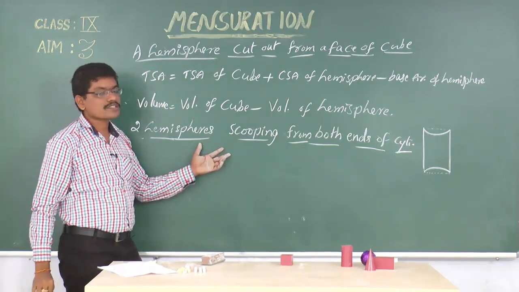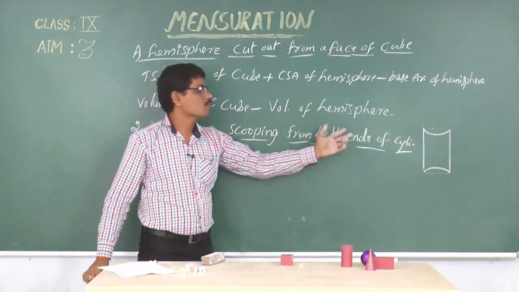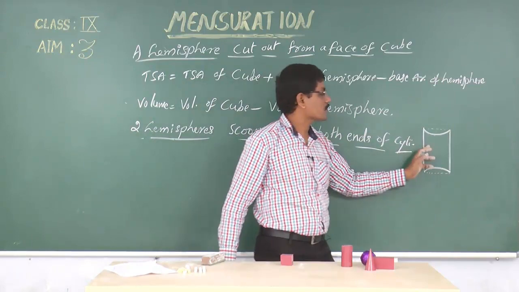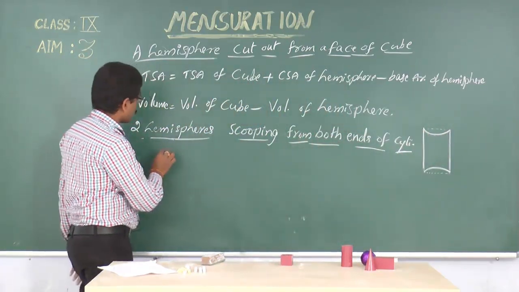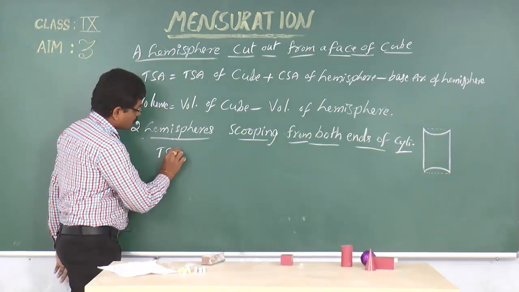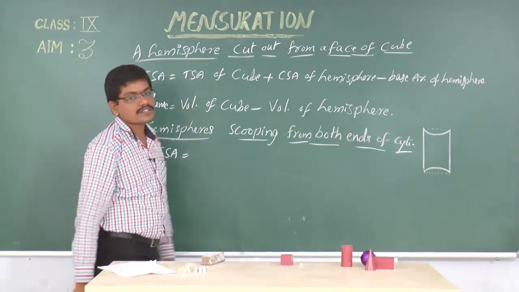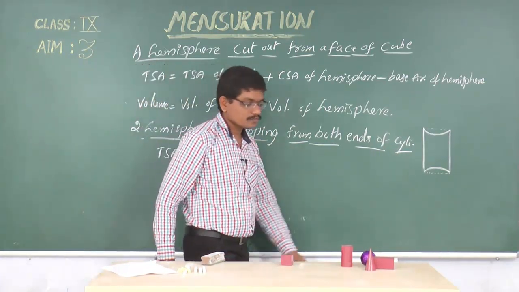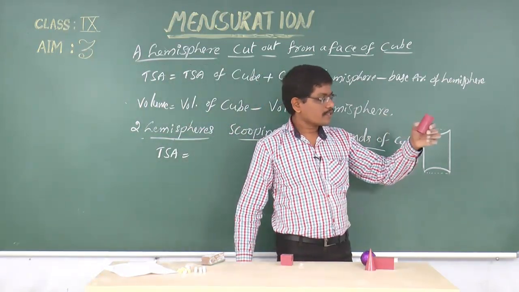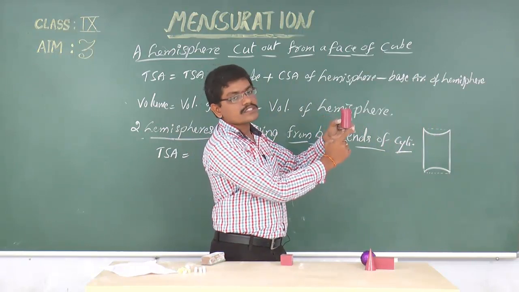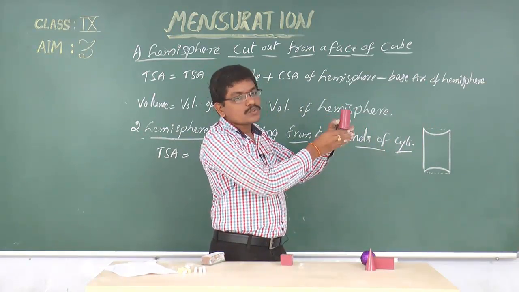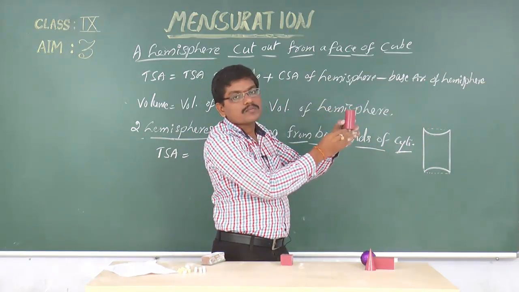Two hemispheres are scooped from both ends of the cylinder. So for this new solid, first one is total surface area. If we take this cylinder, this is the CSA, and we are scooping two hemispheres from top and bottom.